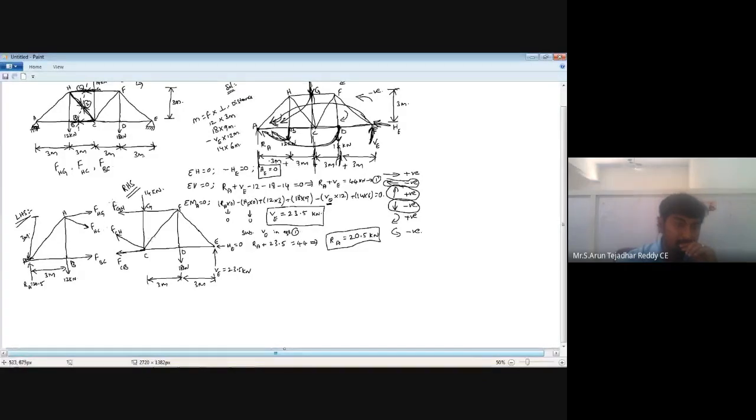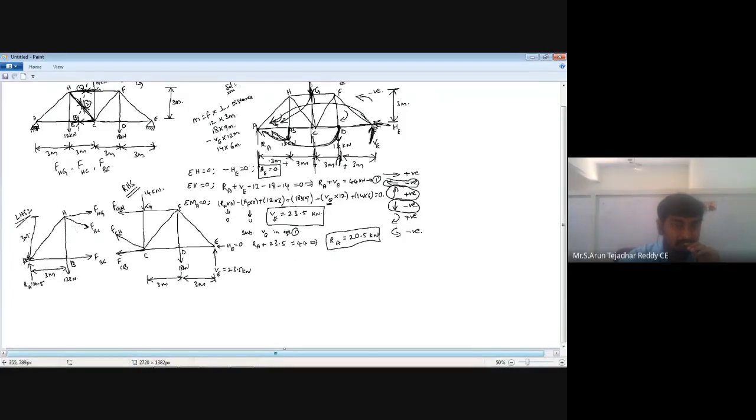After completion of the cutting process, this is the free body diagram of left hand side and right hand side. From your external exam point of view, take any one part, either LHS or RHS. Only one part is enough. Why?